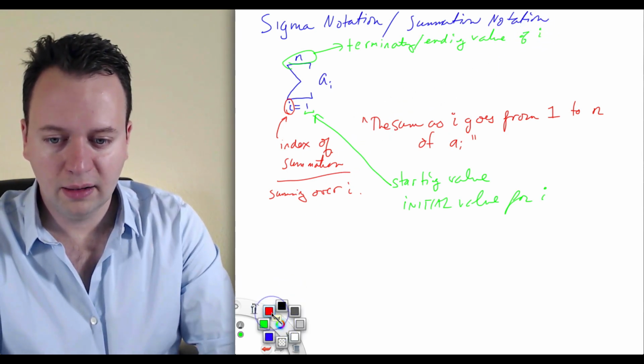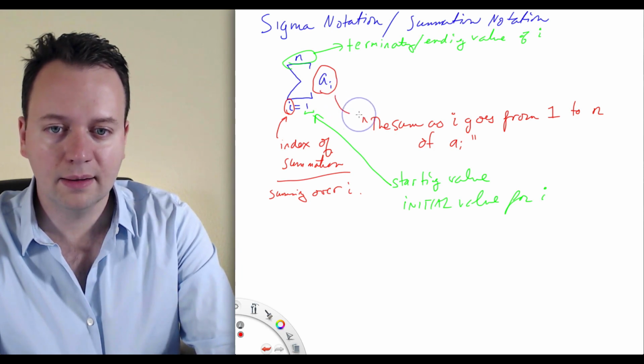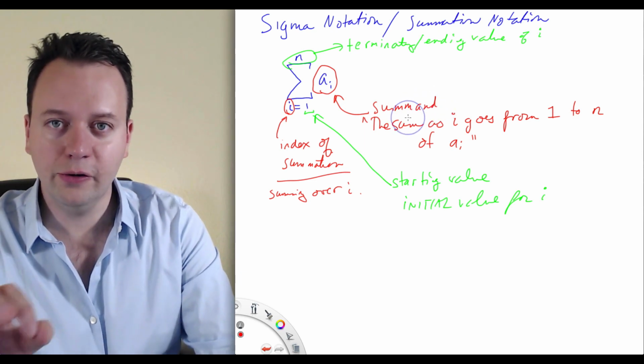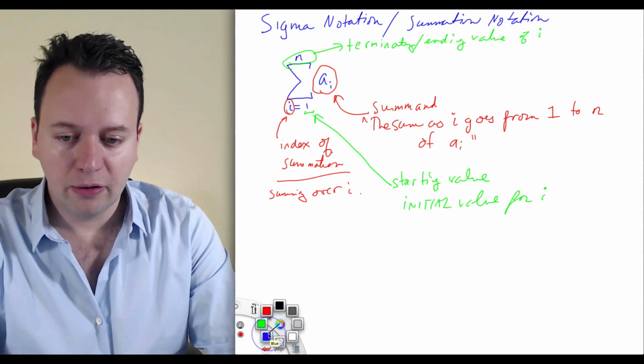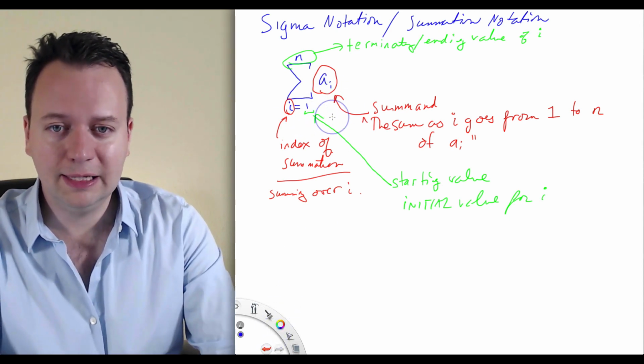And then finally, a sub i is called the summand. So it's the creature that you're summing over. You say that you're summing over a sub i. Okay, so now that we have the anatomy laid out in the nomenclature, let's see what this actually means.